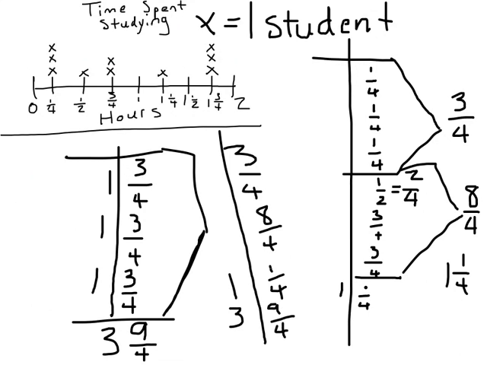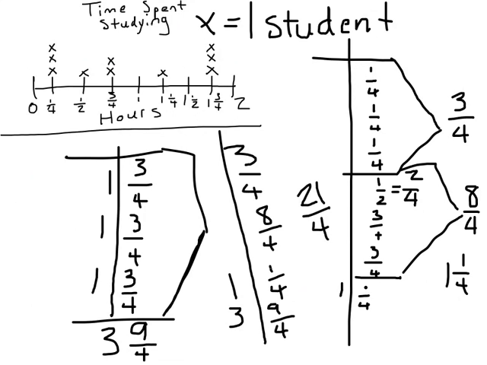Let's start by adding our fractions. What's 3/4 plus 8/4 plus 1/4 plus 9/4? Well, 3 plus 8 is 11/4, plus 1 is 12, plus 9 is 21/4.